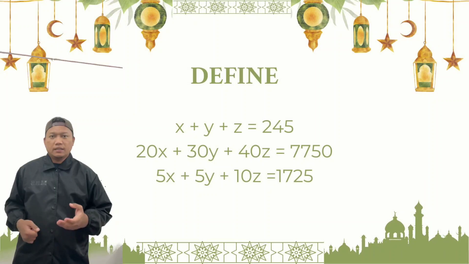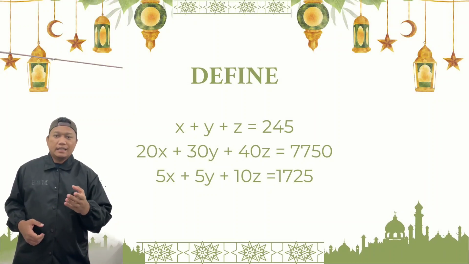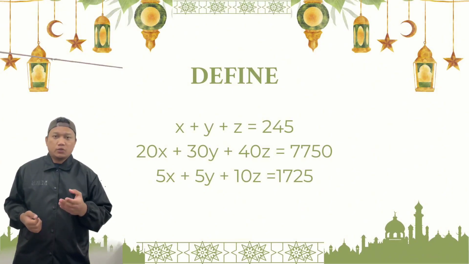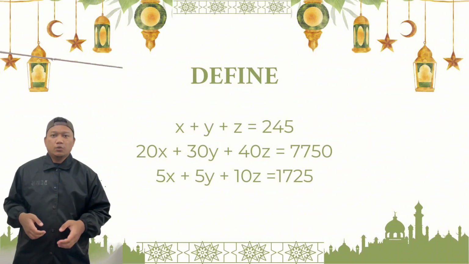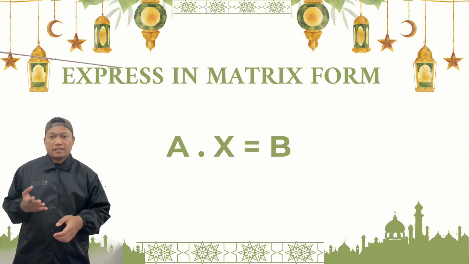We are given the following system: x plus y plus z equals 245, 20x plus 30y plus 40z equals 7,750, 5x plus 5y plus 10z equals 1,725.